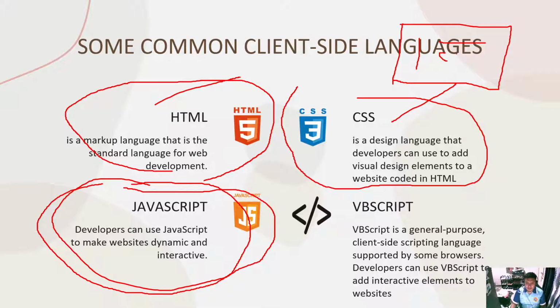And JS is for the interaction. When you click something, there will be a hover, a pop up that will work with JavaScript. So different languages, different work to do, but all in all, they work together to make your client side look magnificent.